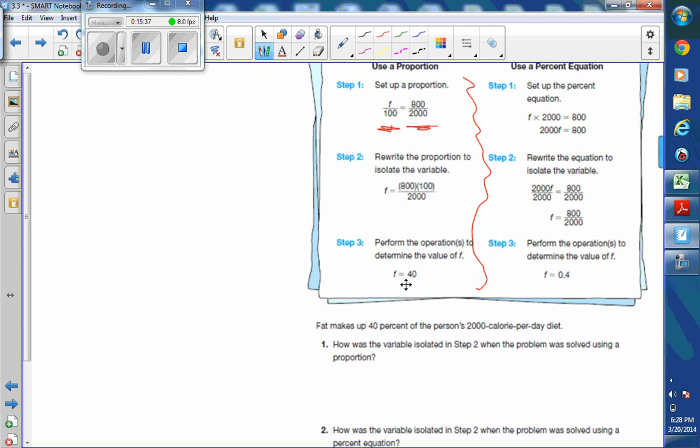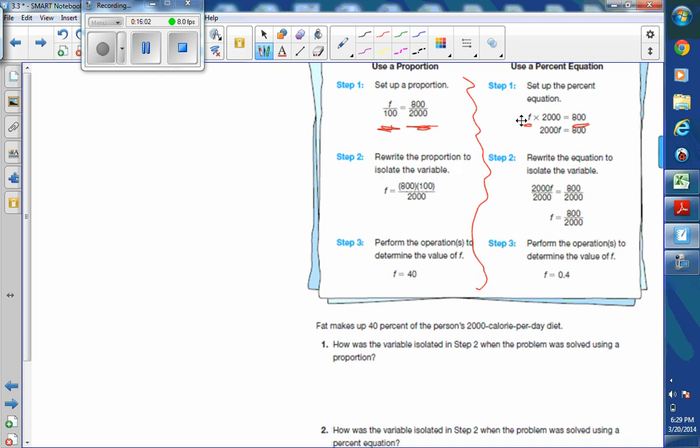Okay, now look at the percent equation. Here you're doing something a little different because there is going to be some solving. Now you know the part equals 800, but you're trying to figure out what percent you're multiplying by, F, times that total.